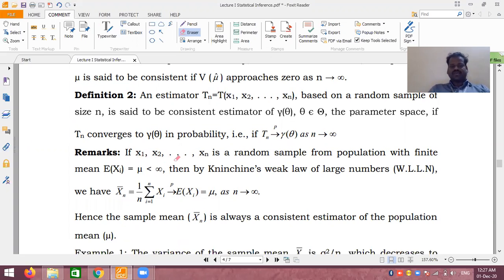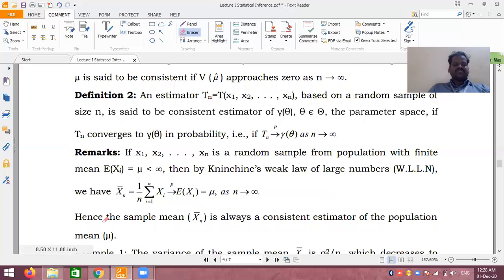If x1, x2, ..., xn is a random sample from a population with finite mean, expectation of xi equal to mu, where mu is less than infinity, then by Khinchin's weak law of large numbers, xn bar equal to 1 divided by n times the summation of xi, which is our sample mean, converges to expectation of xi equal to mu when the sample size becomes large or tends to infinity.